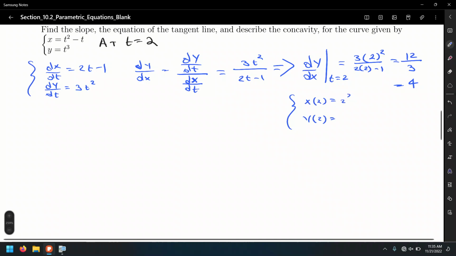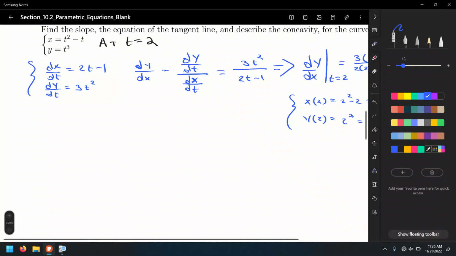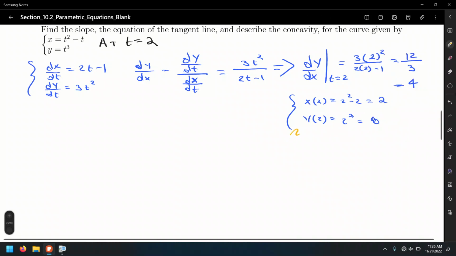That's going to be 2 squared minus 2. What I'm doing is substituting into the original parametric equations, and 2 cubed. That's 2 squared, which is 4, 4 minus 2 equals 2, and 2 cubed, which is 8. So at t equal to 2, the particle is at the point (2, 8).